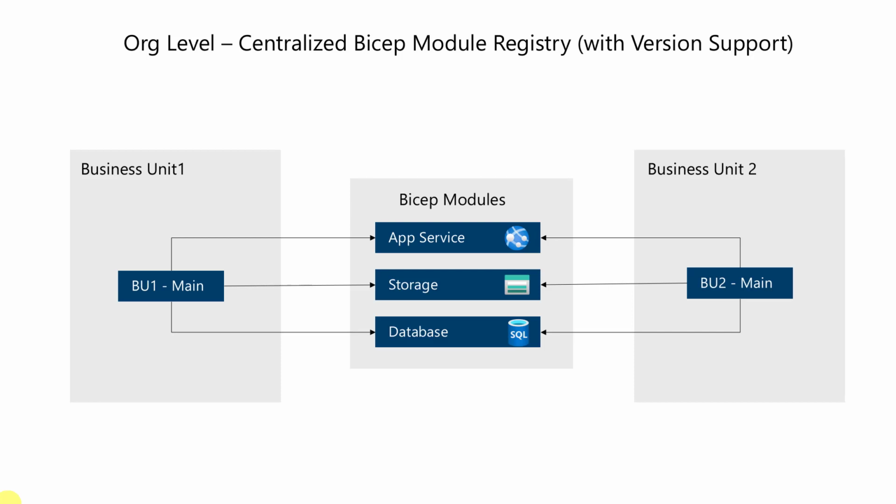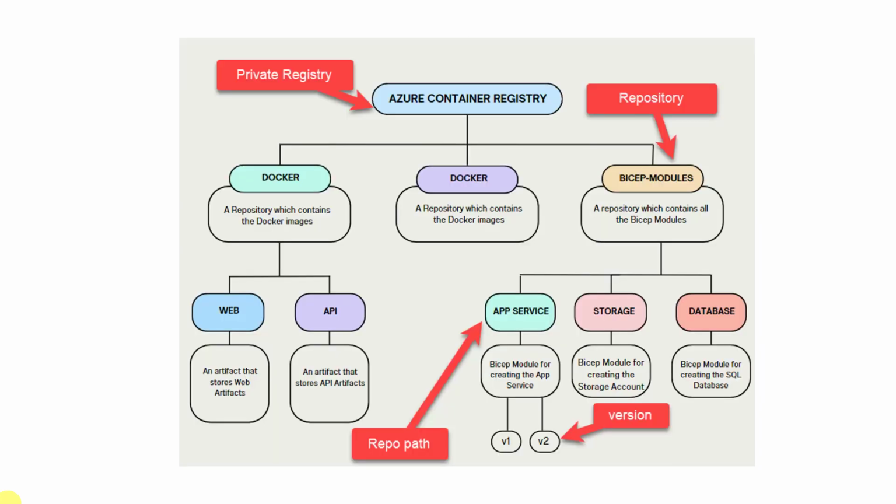Now, let's understand the architecture of container registry. As you can see here, we start with creating a container registry, and the container registry has components starting with repositories. In general, a container registry hosts containers, basically Docker containers, and now it supports hosting Bicep modules as well. As you can see here, a Bicep module is also a repository.